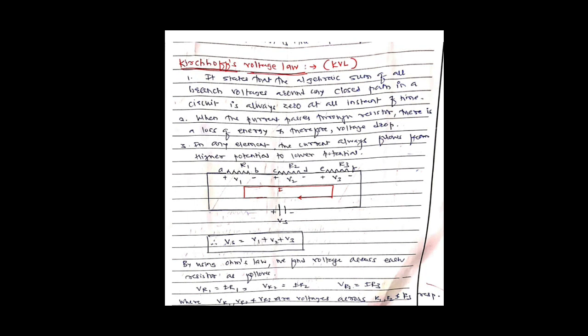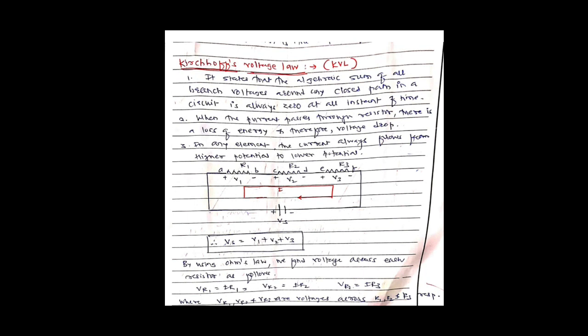I is the current flowing through the circuit, the same current flowing through V1, V2 and V3. There are no different currents flowing in these branches. The current through AB is also I, the current through CD is also I, and the current through EF is also I. When the current passes through the resistors, there is some loss of energy, and therefore there is a voltage drop.